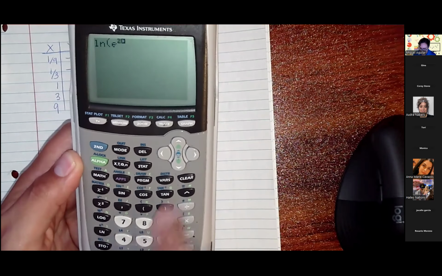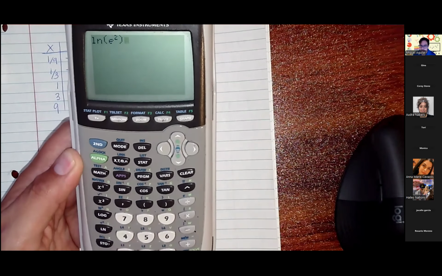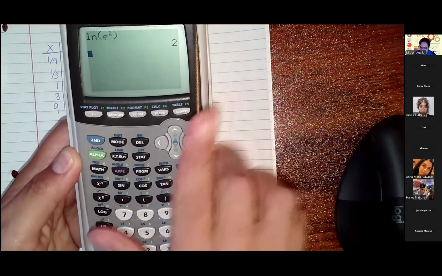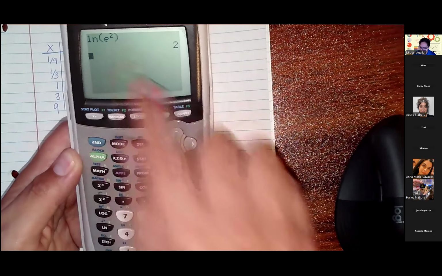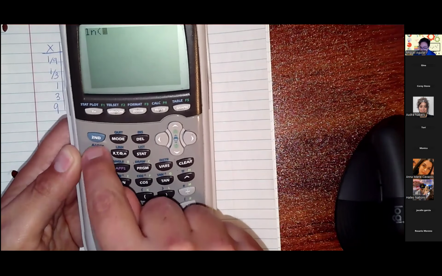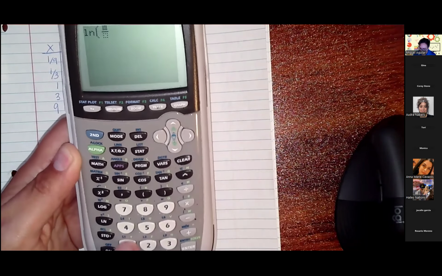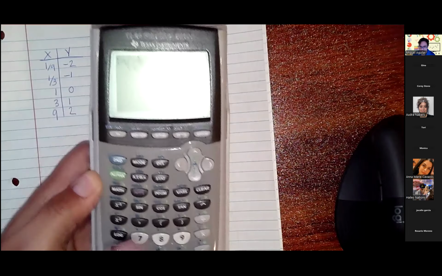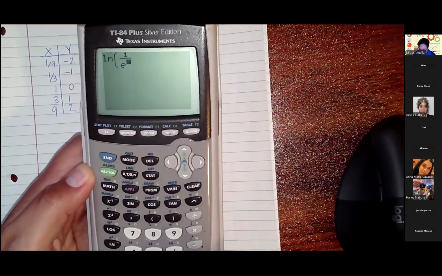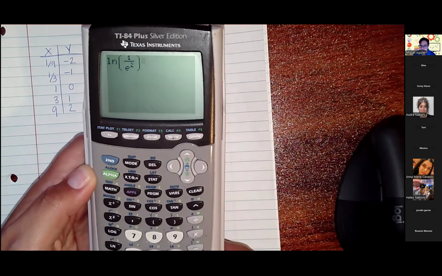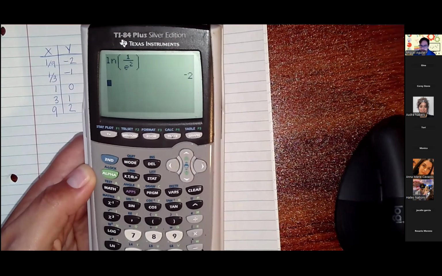And then we can just put the exponent of 2 in and then close up the logarithm. Sorry, I typed that in incorrectly though. That's just ln of e squared. What we really wanted was the natural log of a fraction, 1 over, and then we'll hit second natural log. And so it's 1 over e squared, and then we'll go ahead and close up the parentheses, and that's where we're getting -2.